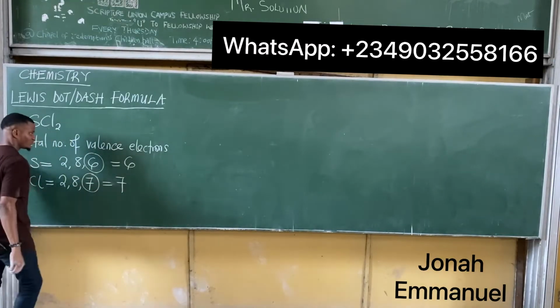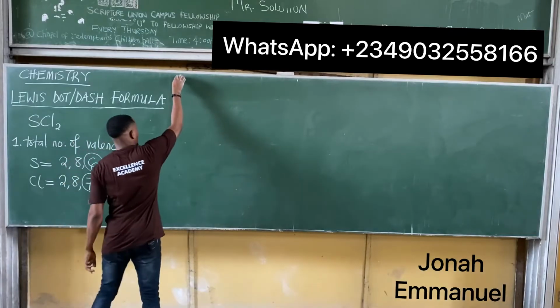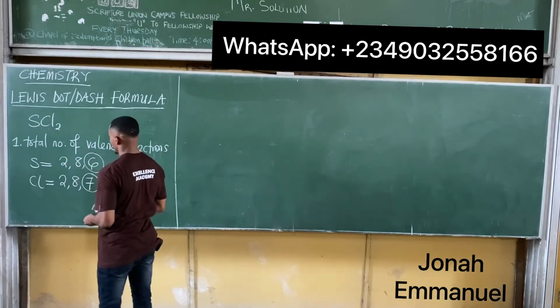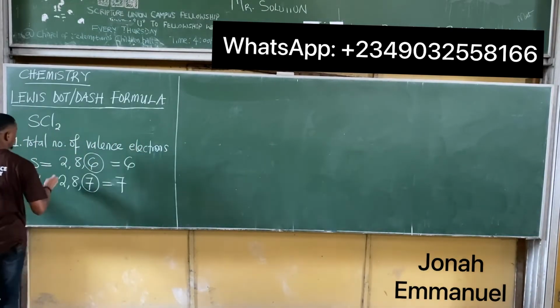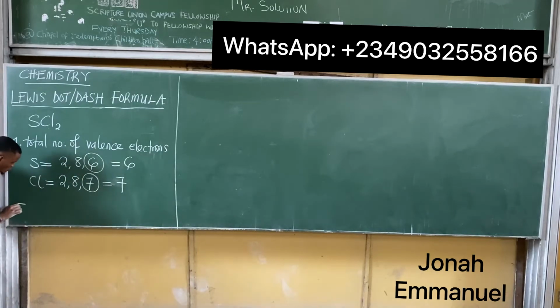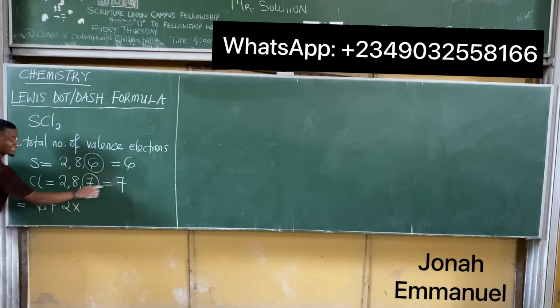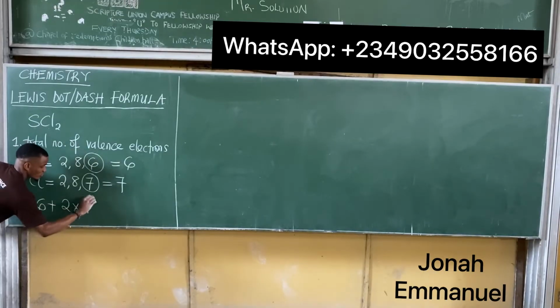So here's my first task: calculate the number of valence electrons. The number of valence electrons is equal to, I have one sulfur atom, that becomes 6, plus I have 2 atoms of chlorine, so it becomes 2 times the number of valence electrons for chlorine, 2 times 7.